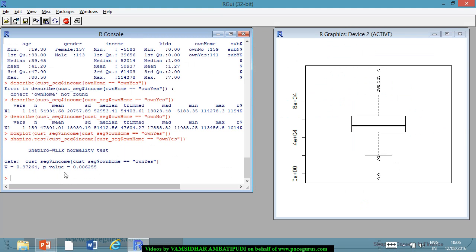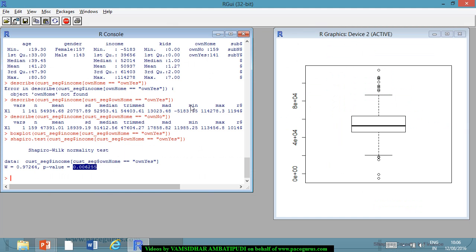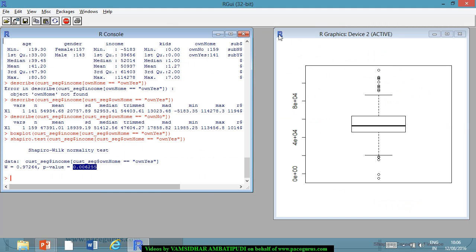So you can see the p-value here is less than 0.05. So I would take my decision in favor of the alternate hypothesis, and I can say that this data is not normal, though theoretically I saw the number as 0.23. But if I go strictly in terms of ensuring the normality of the data, it is coming out that this data is typically not normal.